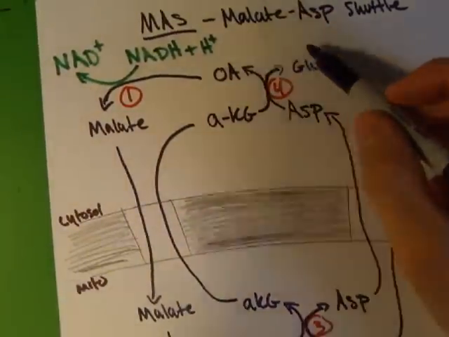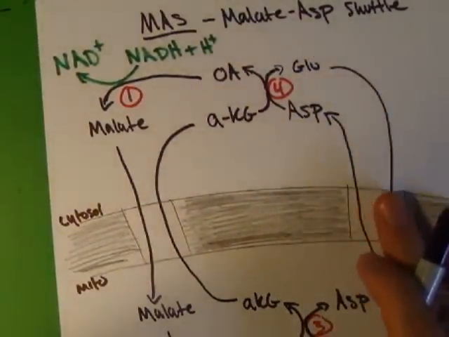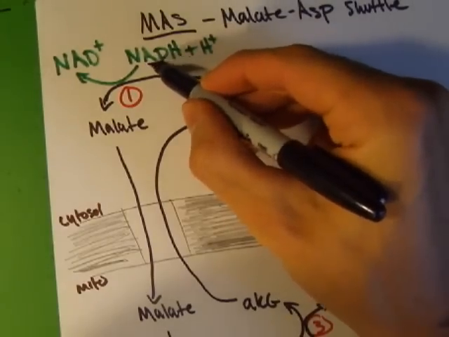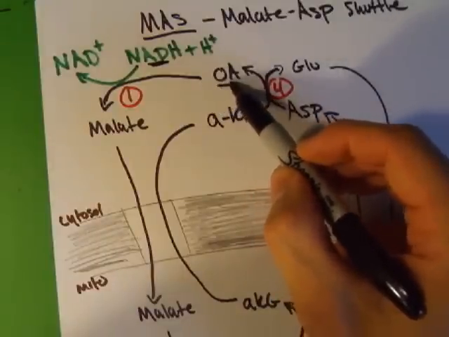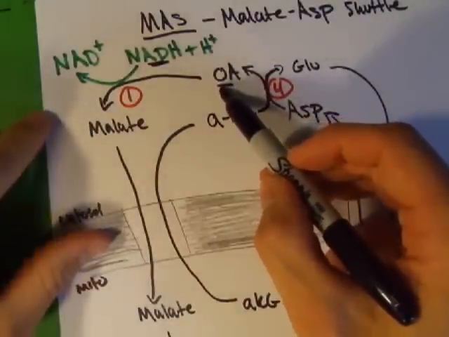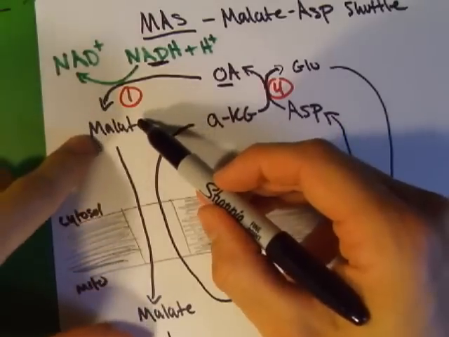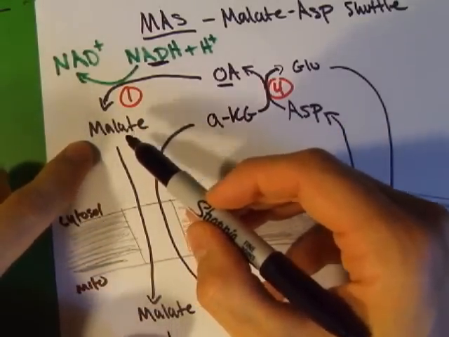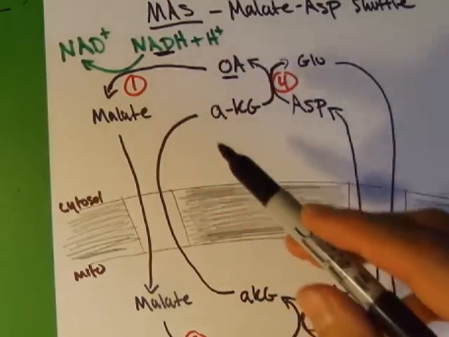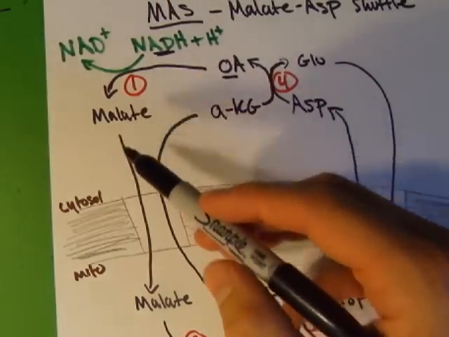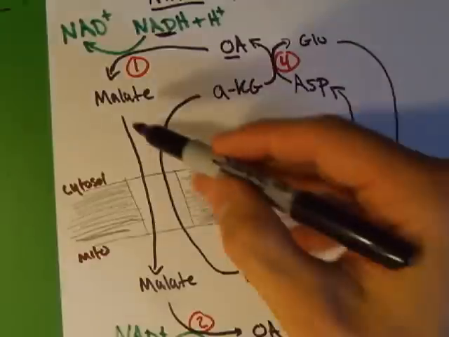MAS, or malate-aspartate shuttle, you're taking this cytosolic NADH plus H, and you're binding it with oxaloacetate. And those together are going to make malate. The enzyme for that is malate dehydrogenase, cytosolic, because it's on the cytosol side here.